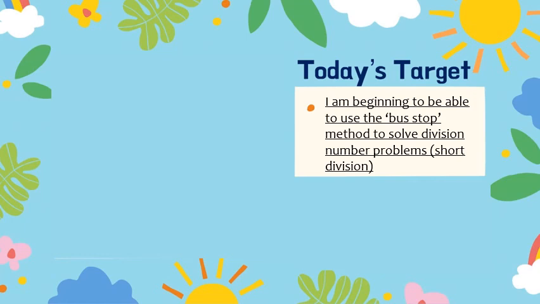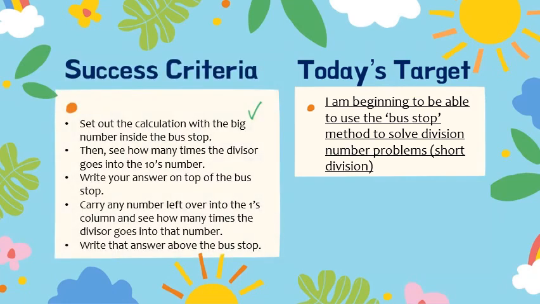Then write that answer above the bus stop. Your target today is I am beginning to be able to use the bus stop method to solve division number problems. Follow these steps to ensure that you're successful. Set out the calculation with the big number inside the bus stop. Then see how many times a divisor goes into the tens number.